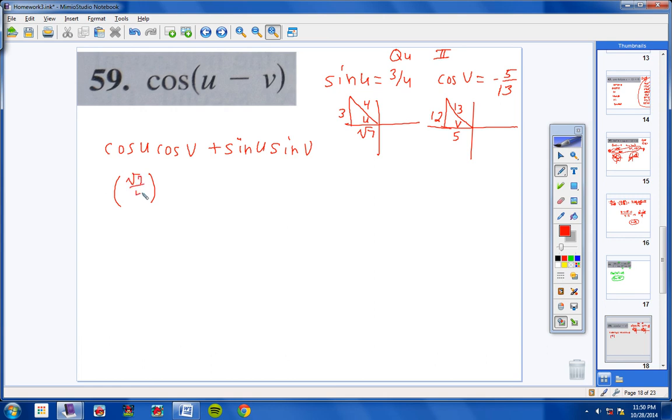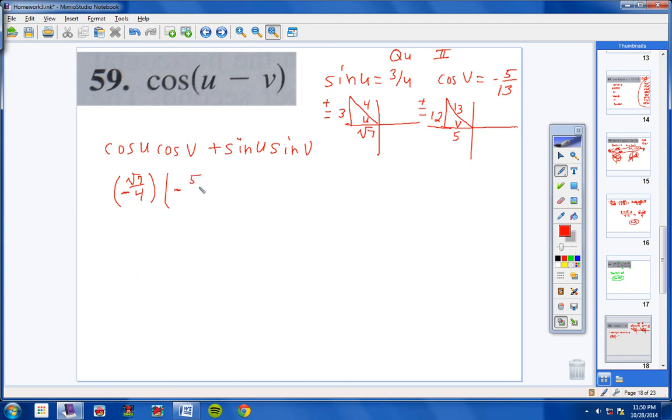But hold it. Don't forget, students, your sign sequence for the second quadrant is sine, cosine, tangent, so cosine is negative. Now cosine of v, they gave that to us: cosine of v is negative 5/13.